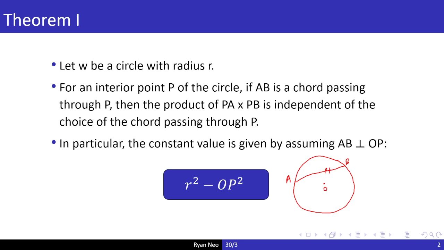So what I'm saying is that in this case I chose a random chord AB, and we have the value of PA times PB.